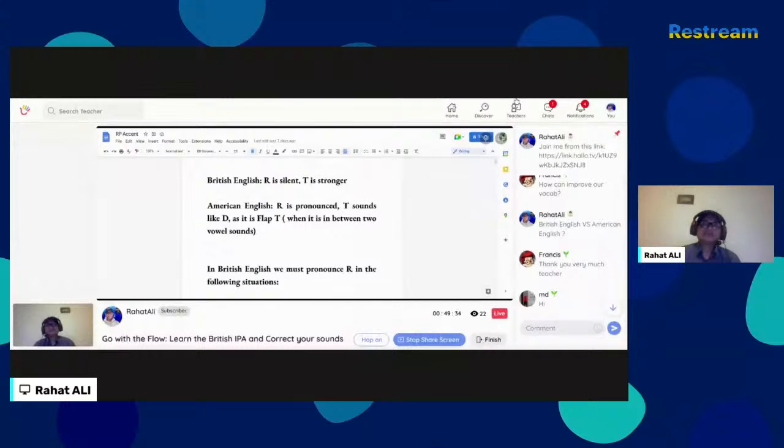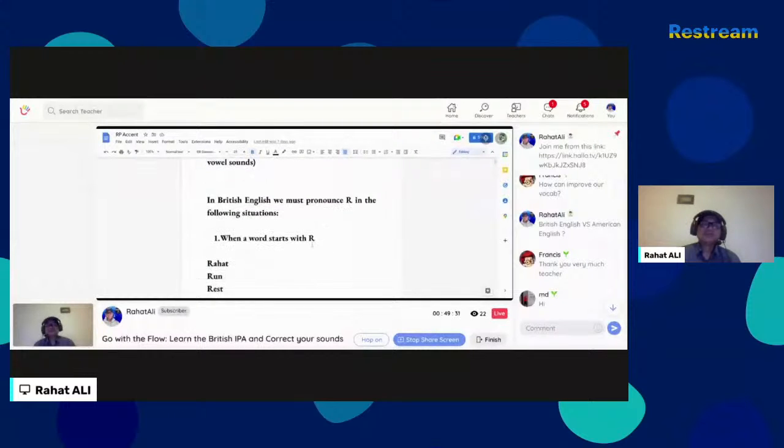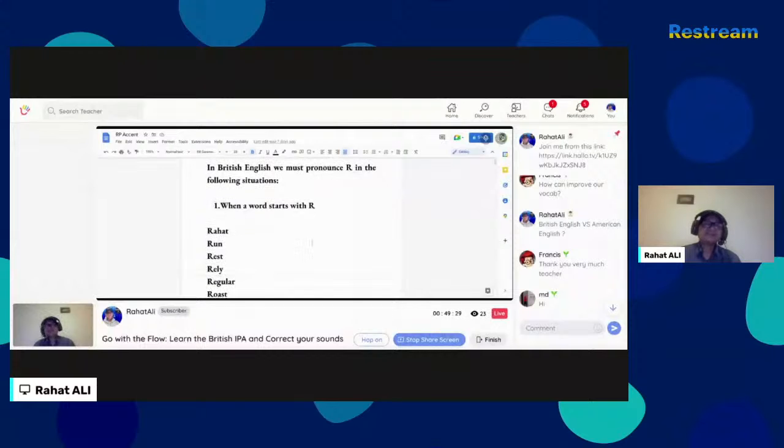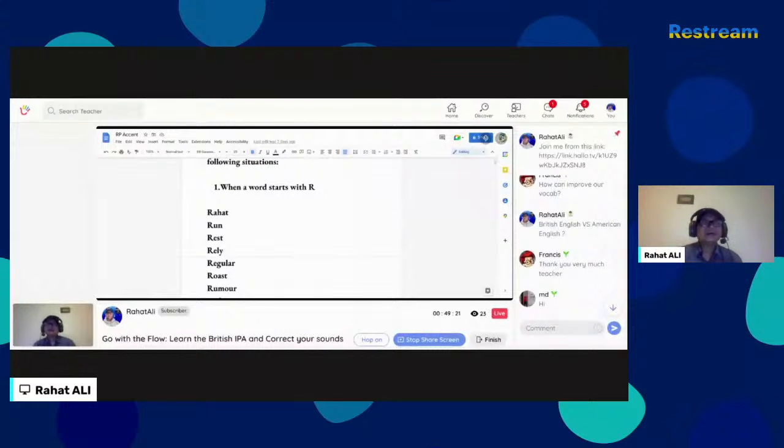Let me give you examples. When a word starts with R, as they say, Rahat, run, rest, rely, regular. Look at this word, regular. R starts at the beginning, and at the end the R is there, but R is silent. It's not regular in British English, it's regular.